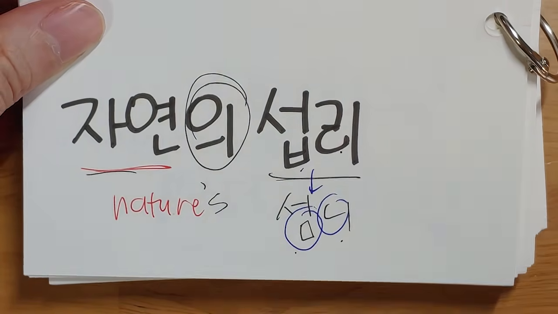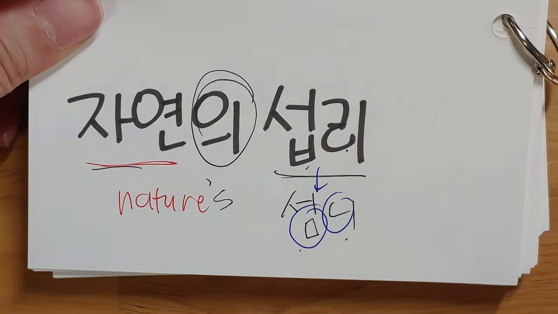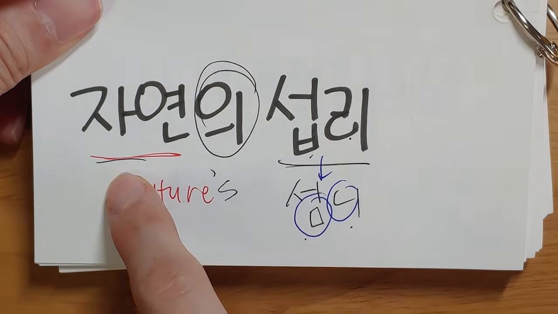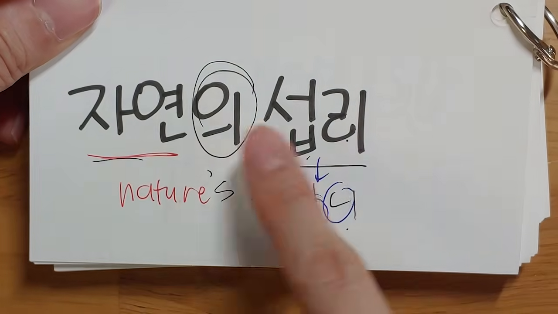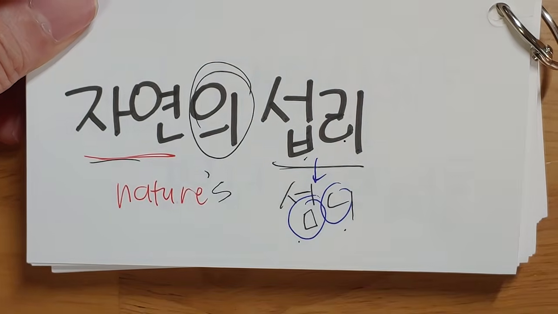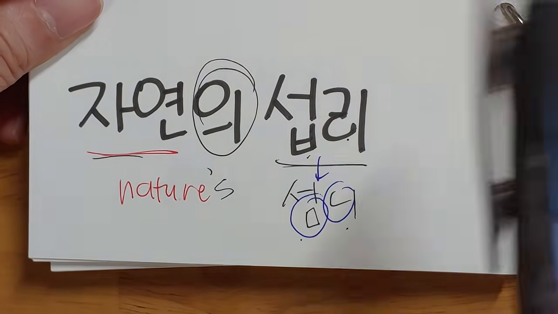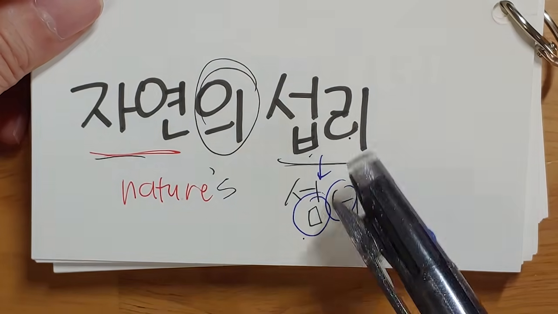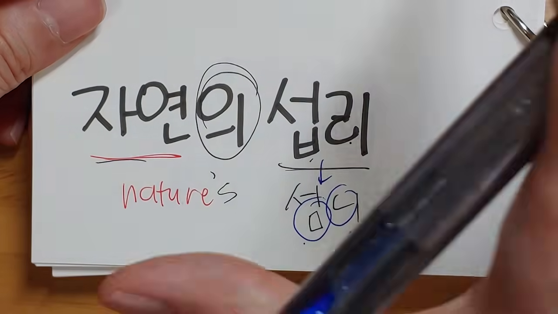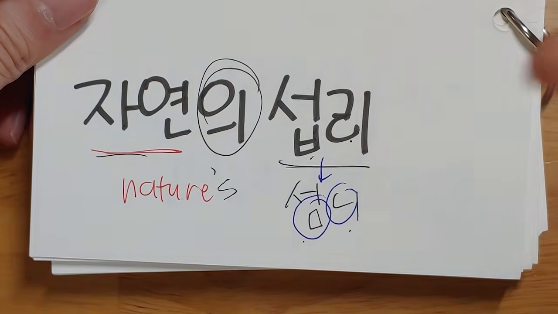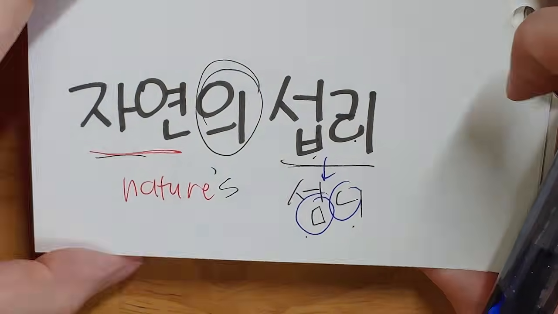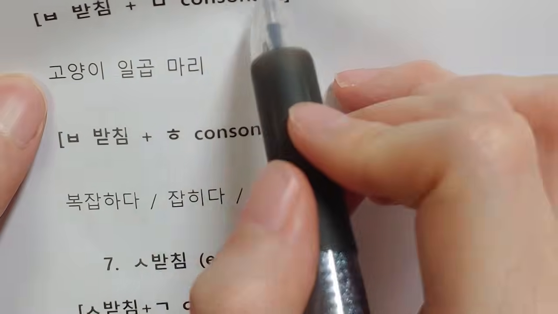And 자연의 섭리, if you translate this word by word, it's nature's providence. But I don't think you guys use the word providence a lot in English, right? So what it means is nature's way, how it is naturally. 자연의 섭리.